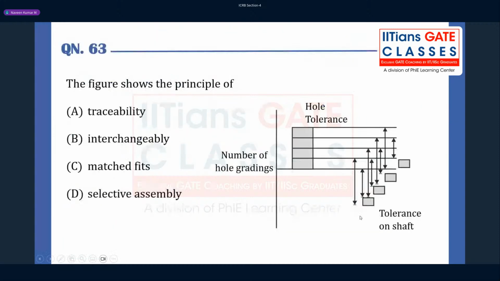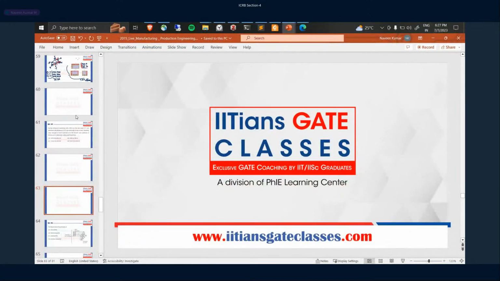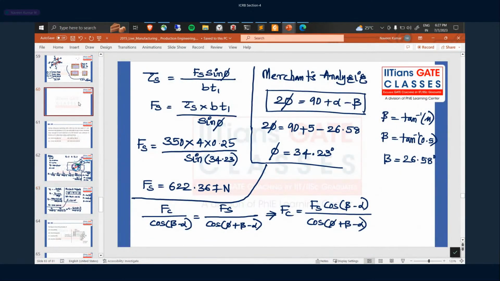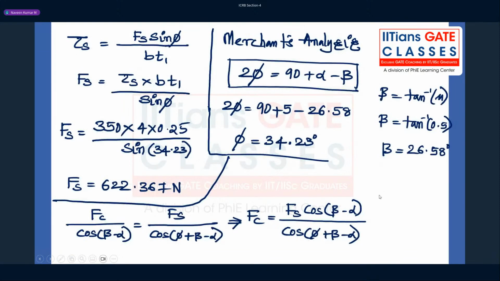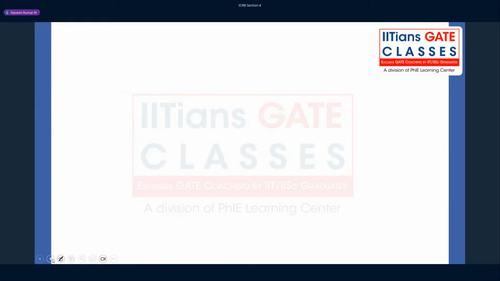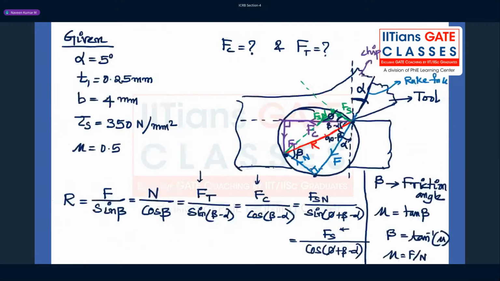Let me use another slide. So let me substitute. Fc is equal to 622.367 into cos beta minus alpha. Beta is 26.58, minus alpha is 5.